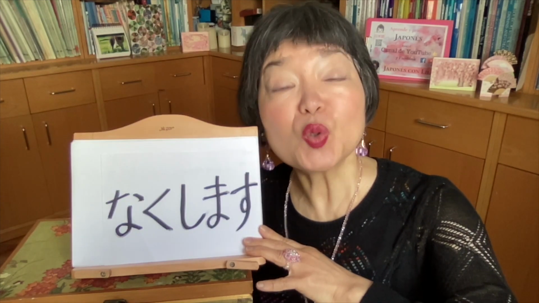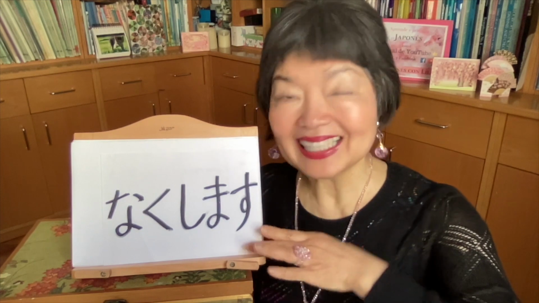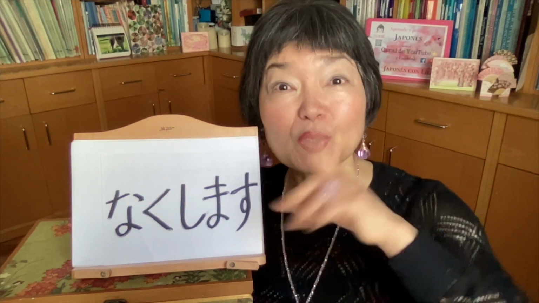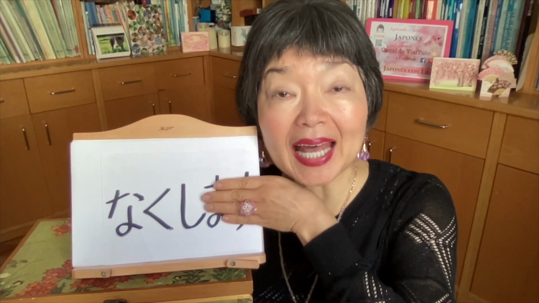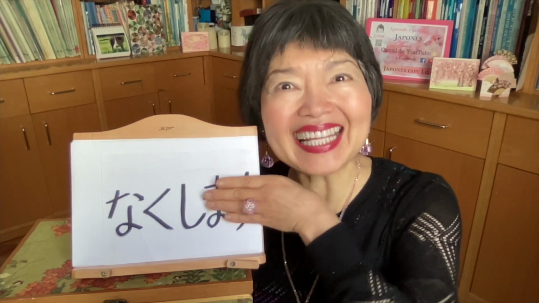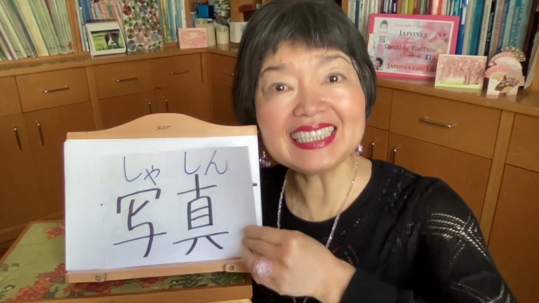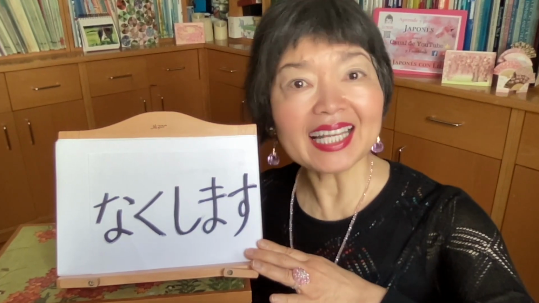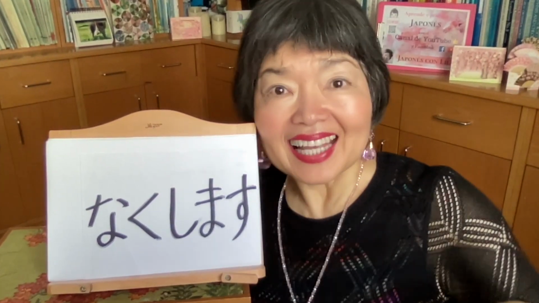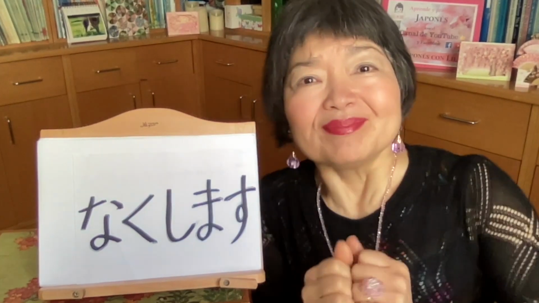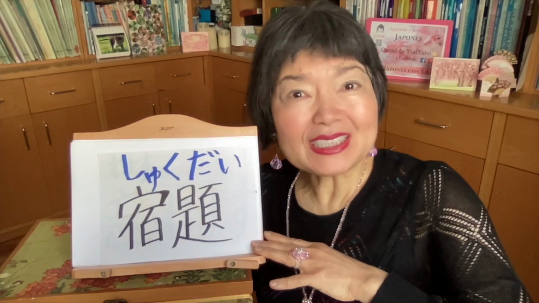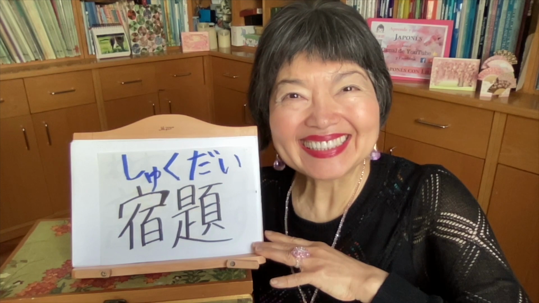The verb to lose, なくします, is group 1, so you must change this し to the あ sound: さしすせそ. なくさない, don't lose. 大切な写真ですから、なくさないでください.